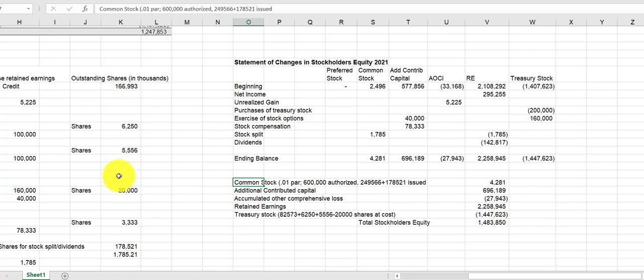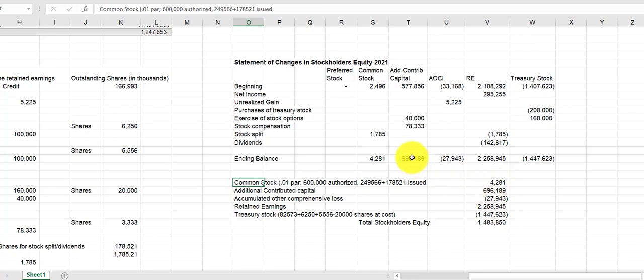None of these were issued shares because they all affected treasury stock, not new shares. These were old shares we bought. Just the stock split or stock dividend made the number of issued shares go up, so we just add that in. So your number of shares issued would be this total, which is 4281, because that number times the 0.01 should equal our amount on the balance sheet.